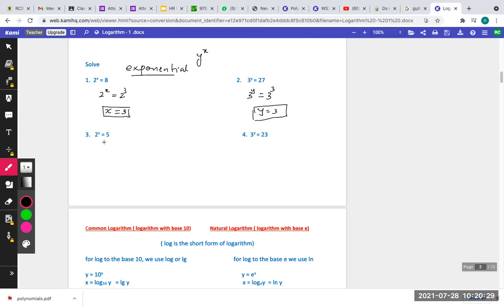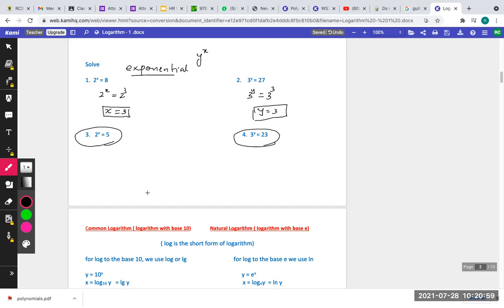So practically it is impossible for us to write 5 as a power of 2 here. There comes the importance of logarithm, guys. For solving these kinds of exponential equations, we would be using logarithm. How do we use it? We are going to learn that in the later part. Is that clear, guys?